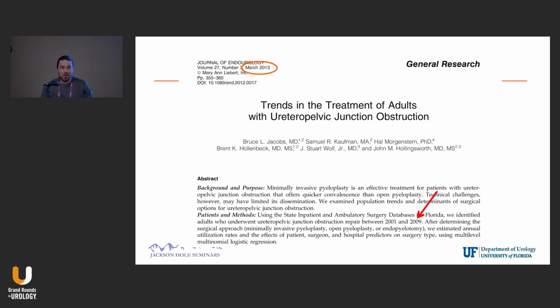So I said, there's no way I can just give this 2009 data in 2023 to this group. And I looked as hard as I can, and I can find no recent trends in adult UPJ obstruction, at least something that's published. I think most of us just know that we're all doing this robotically or minimally invasively, but there's nothing published. So it's definitely a research gap there if anyone's interested in a research project.